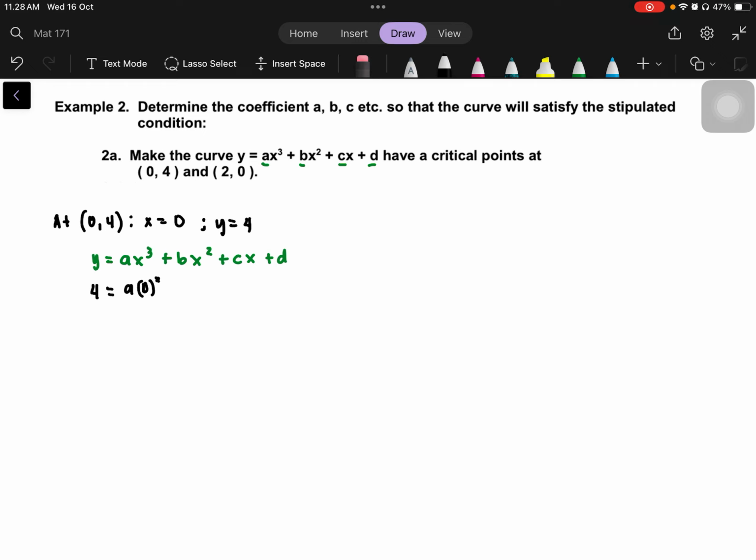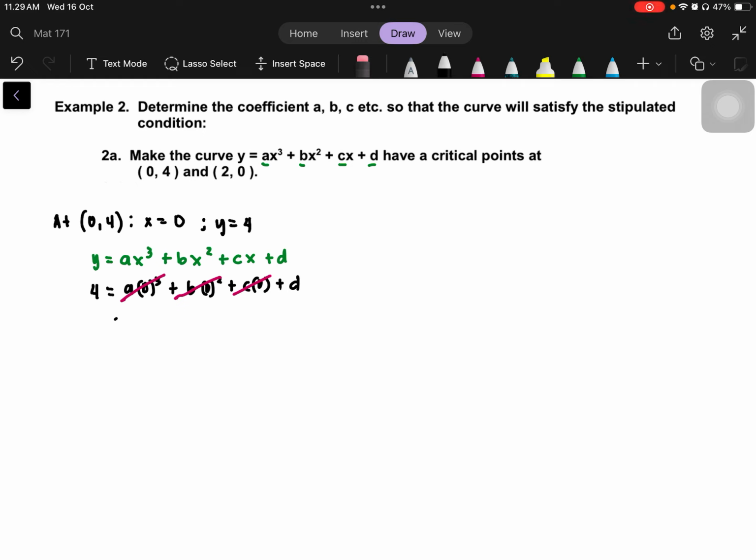Okay? So, y is 4 is equal to a times 0 cubed plus b times 0 squared plus c times 0 plus d. O, take note, any number or any variable na minumultiply sa 0 will equal to 0.